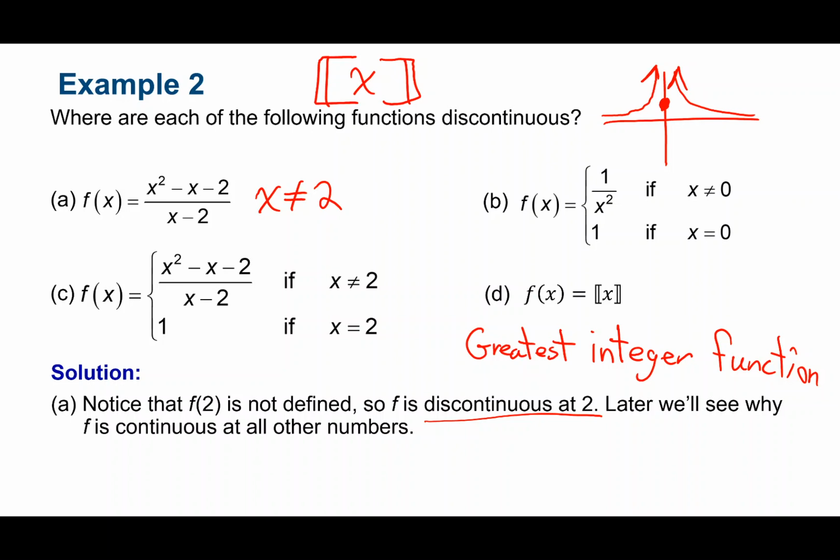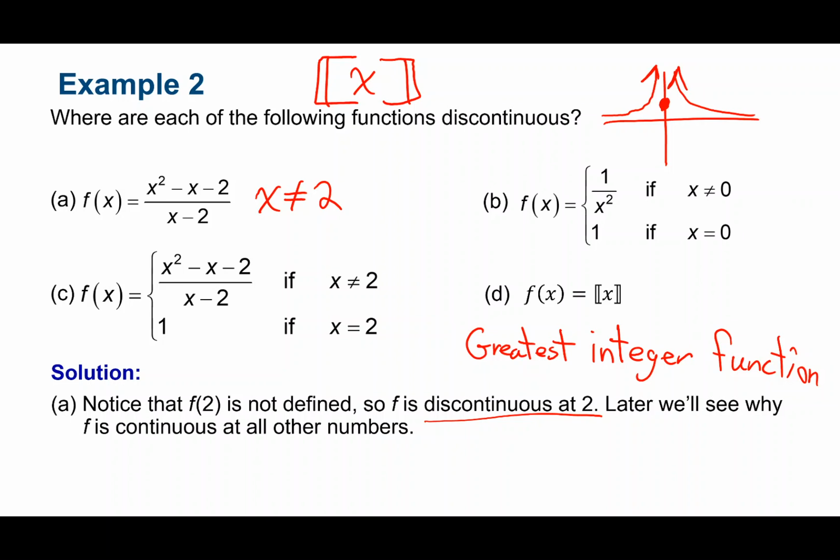This function returns the next integer down. So I could plug in 1 for x, you get 1. Plug in 1.1, 1. You get the greatest integer less than or equal to the value. Plug in 1.5, you get 1. Plug in 1.9, you get 1. Plug in 2, you get 2.